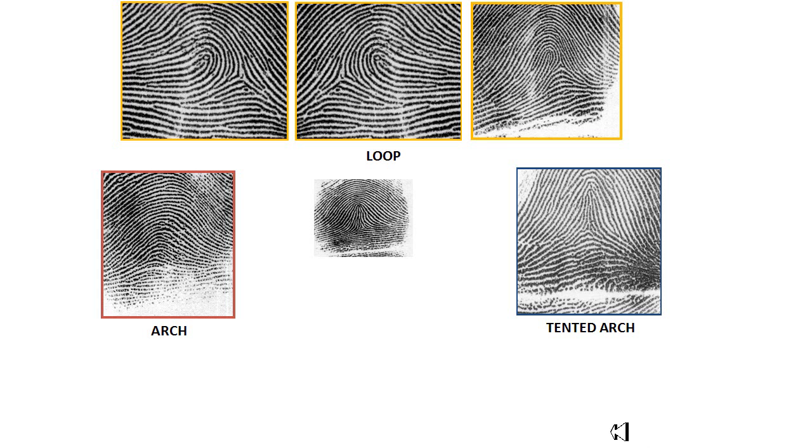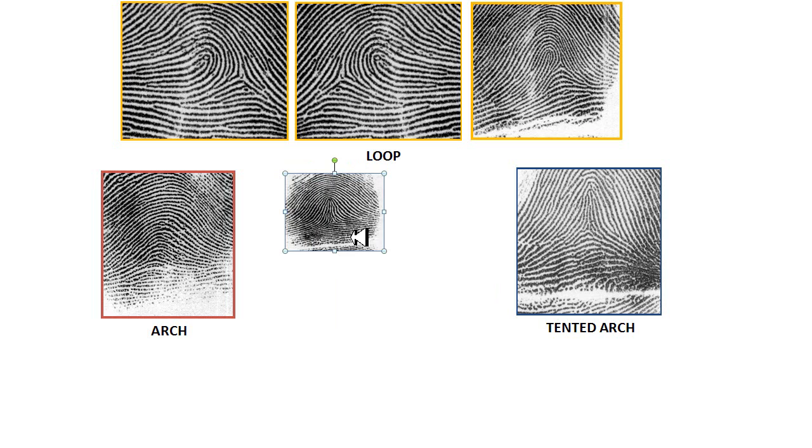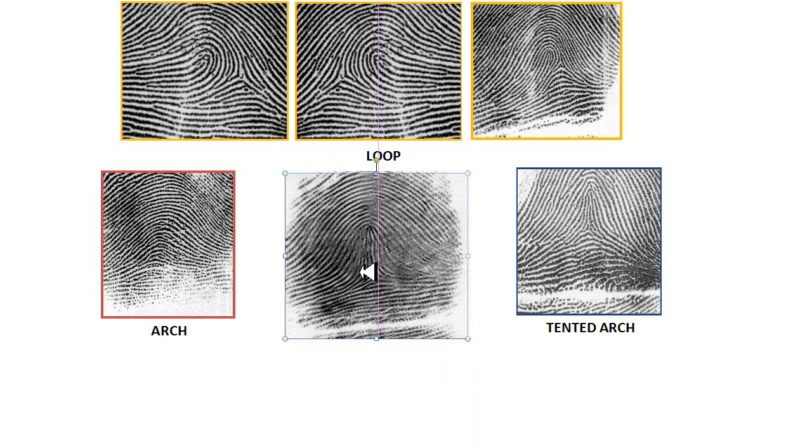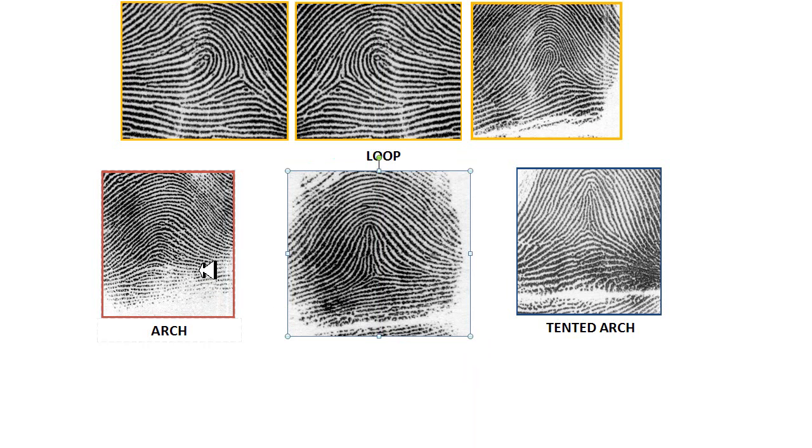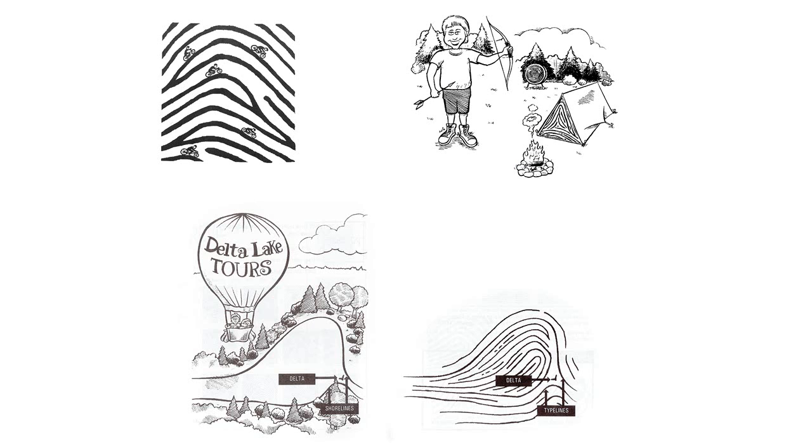After that discussion, I displayed a number of prints, and your task was to identify them as an arch, a tented arch, or a loop pattern. And in many cases, of course, you may not have identified them to either of the patterns that we've already discussed. At this point, we have used the road test analogy to recognize plain arches.